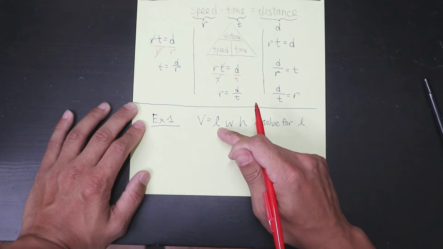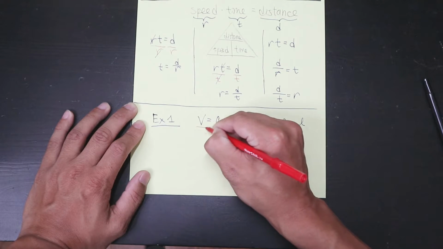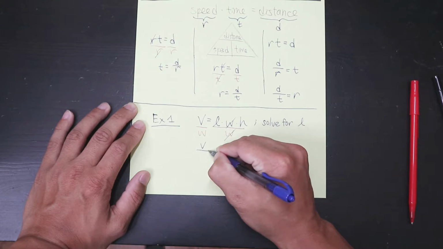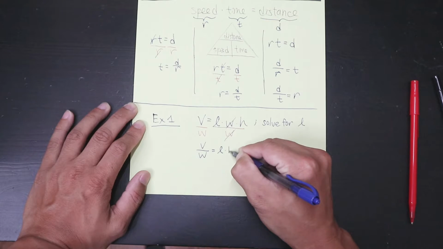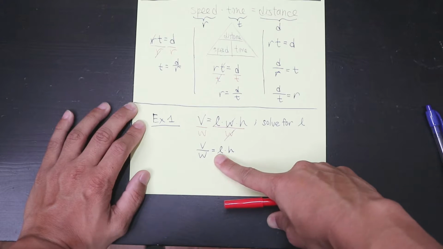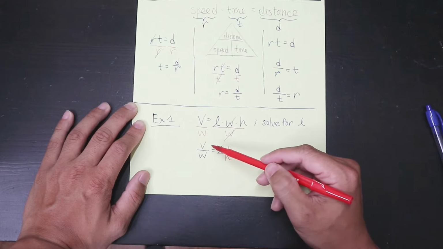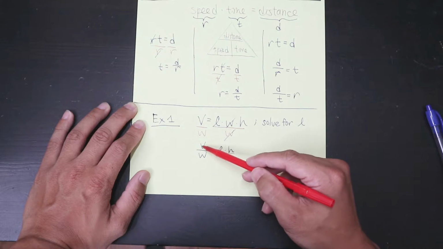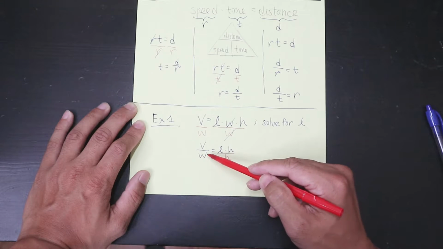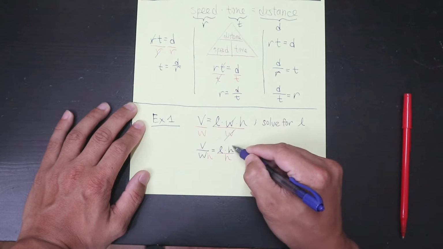To do that, since everything is multiplying each other, there are two ways to do it. You could divide by W like this, one letter after another. The W will cancel, so you're left with V over W is equal to L times H. Again, there are still letters next to the L, so you want to further isolate the L by dividing both sides by H. Since it's kind of weird looking if you have things that are already on a denominator, instead of putting another denominator on the left side, you're just going to put an H at the bottom, and then they cancel.